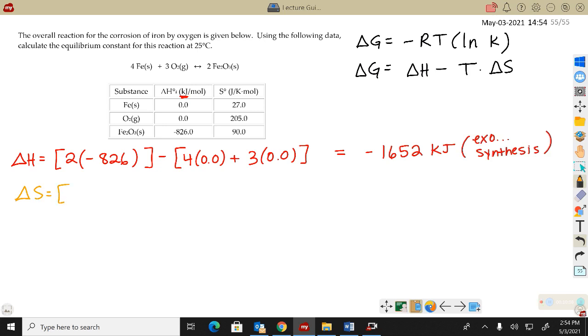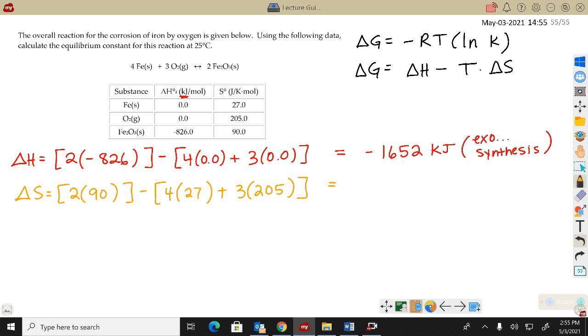Delta S: 2 times my product, iron oxide, 90. That's my only product. Minus 4 times the iron, 27, and 3 times the oxygen, 205.